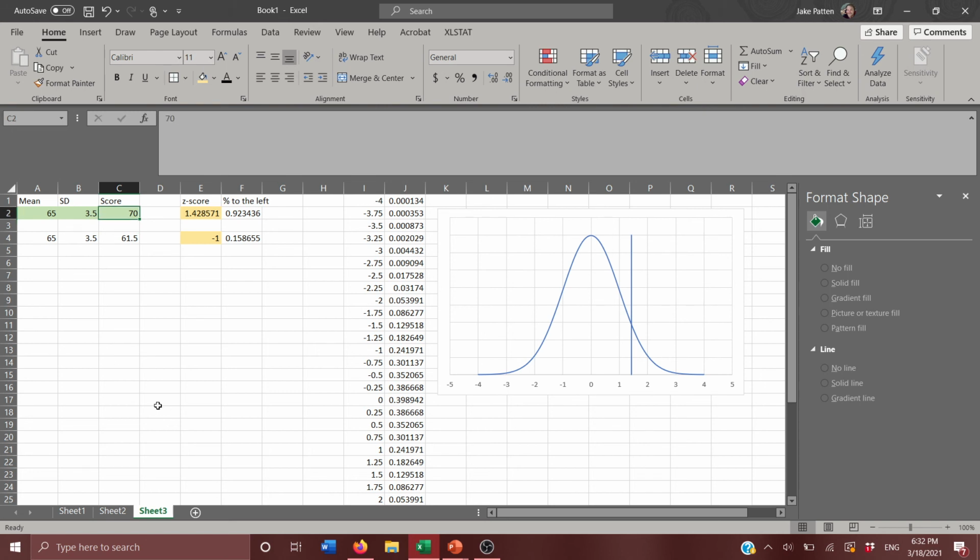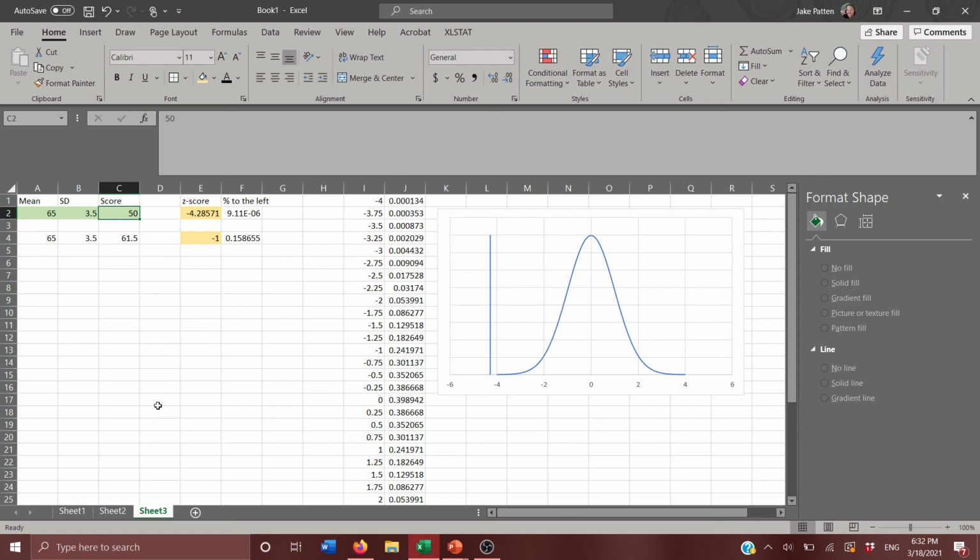What if we have a score of 50? Well, our z-score is negative 4.29, and the graph shows that I didn't create enough standard deviations to accommodate that score. It's a little too low.